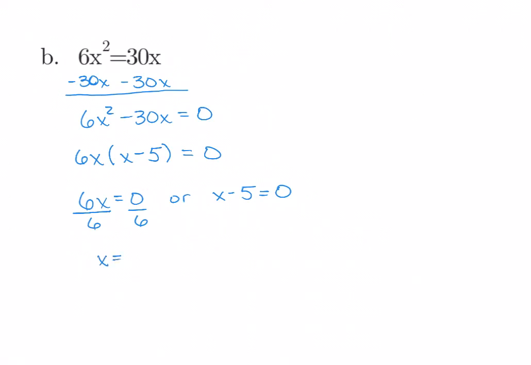We get x equals 0. Or, second equation, I can add 5 to both sides. And we get x equals 5. If we want to use set notation, we can do this.